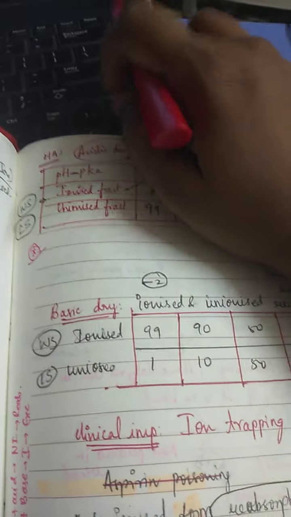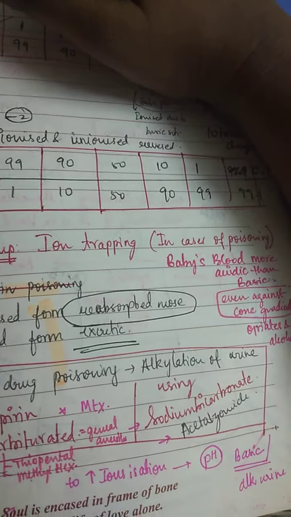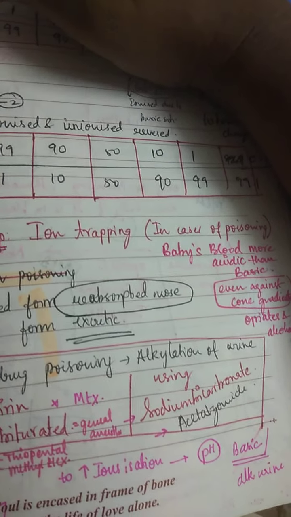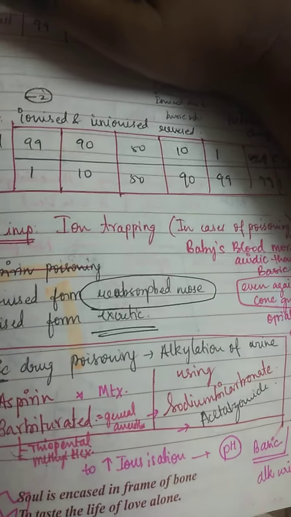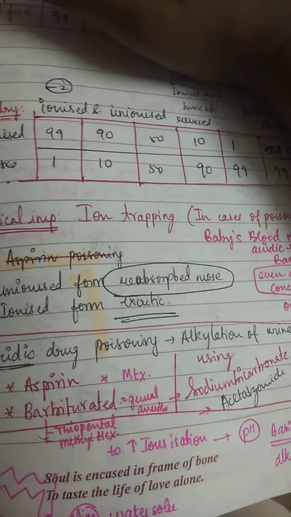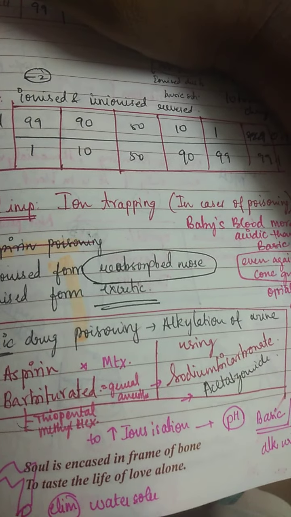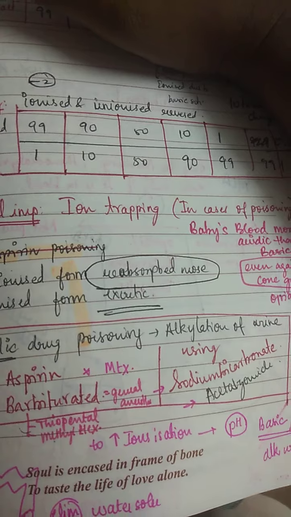Now there's something called ion trapping. Normally in pregnant women, the baby's blood pH is more acidic than that of the mother. If the mother's pH is 7.35 to 7.45, the baby's pH is 7.25 to 7.35.